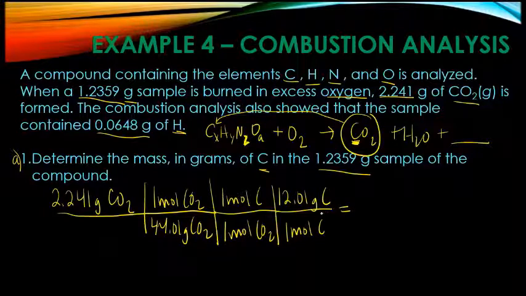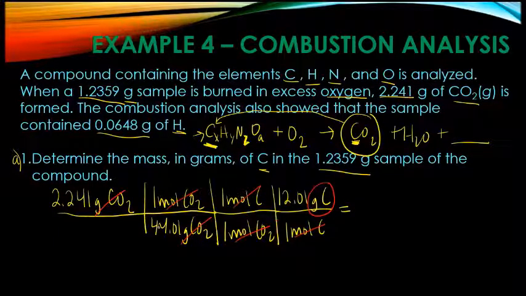And this is going to end up giving us our grams of carbon that's in the CO2, but because of the law of conservation of mass, that means it's also going to be the grams of carbon that's in this original compound. So they will cancel nicely. We have the grams of carbon dioxide canceling, the moles of carbon dioxide canceling, the moles of carbon canceling, and then we end up with our grams of carbon.